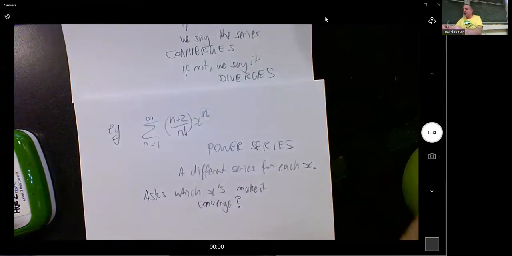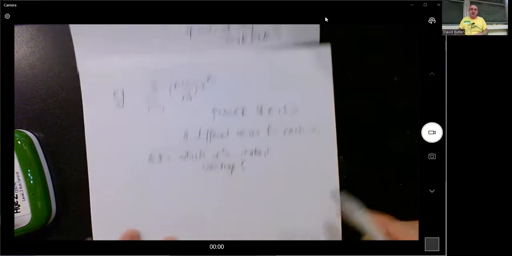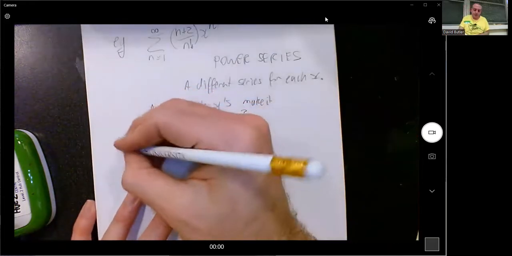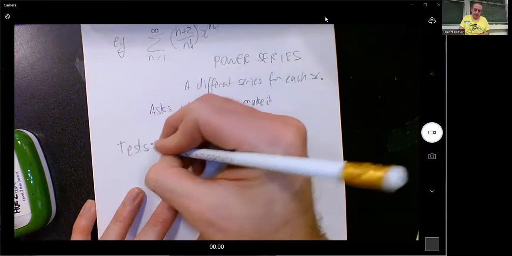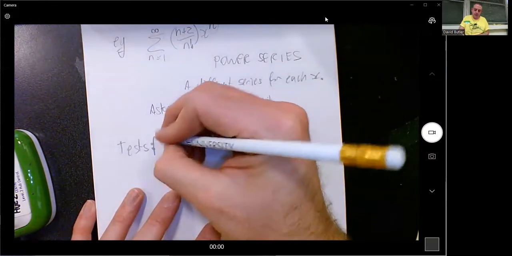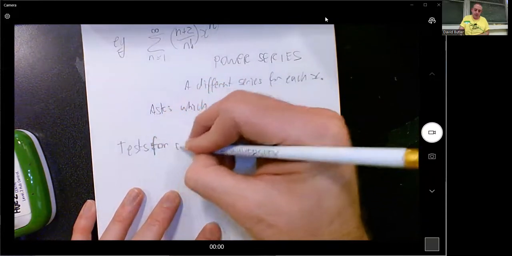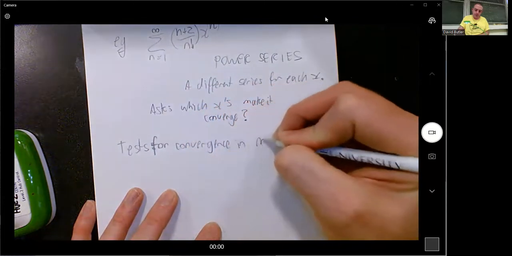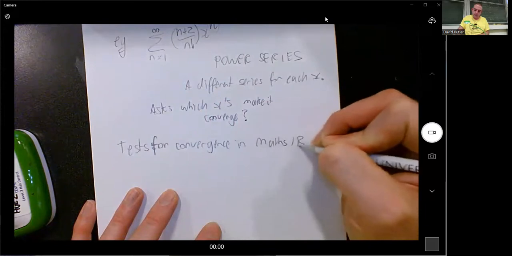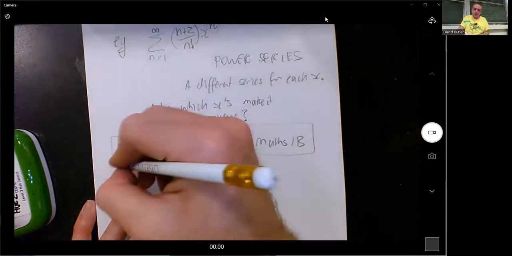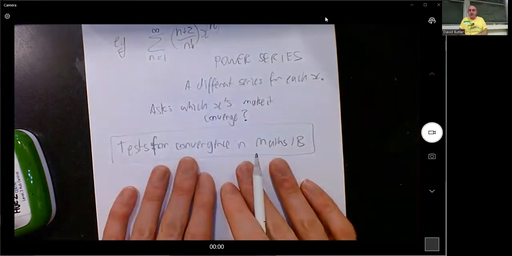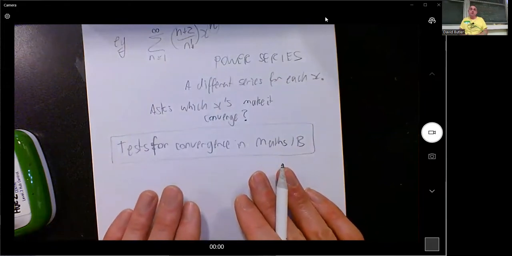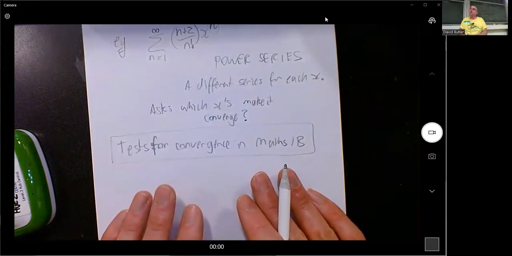So there are these tests. The tests for convergence in Maths 1B, there are 4?